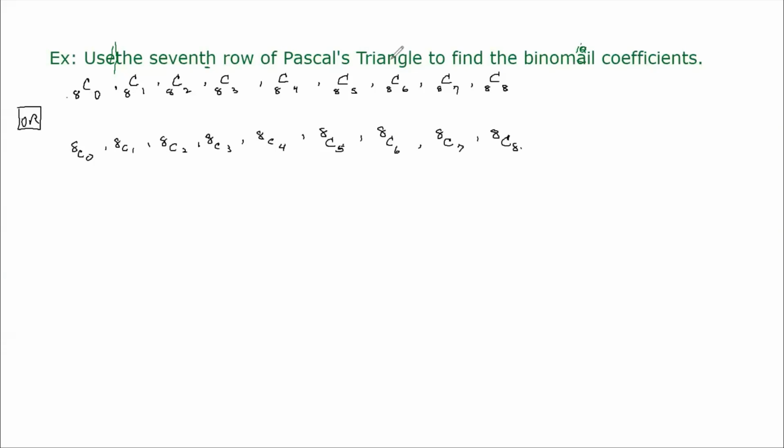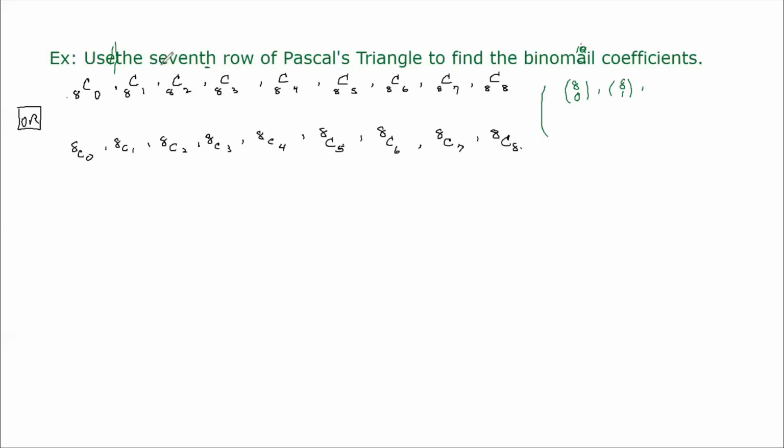Find the seventh row of Pascal's triangle. The question can be written in this way, correct? Written in this pattern, or you can write it in another pattern. Or sometimes you can even write it down like this, with zero, and this with 1. It depends, right? You can write different ways, but the same meaning.